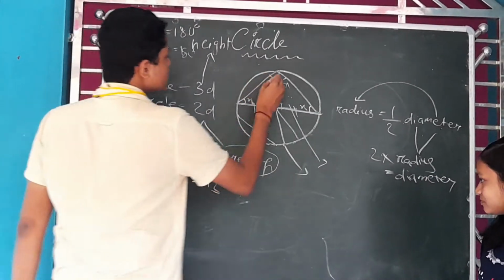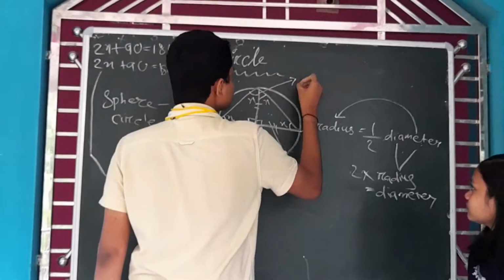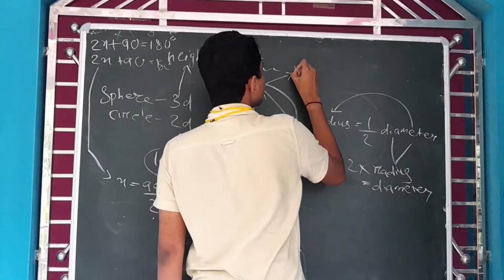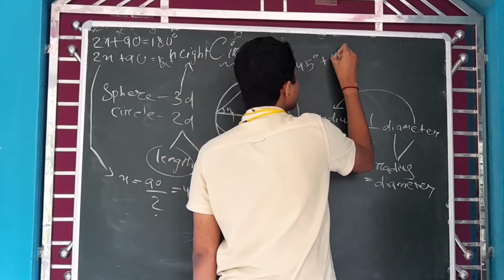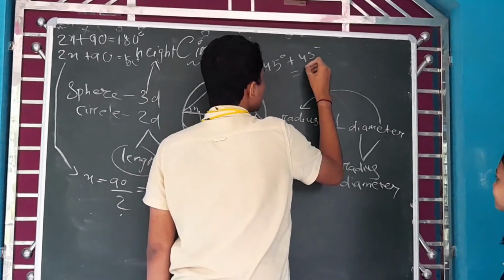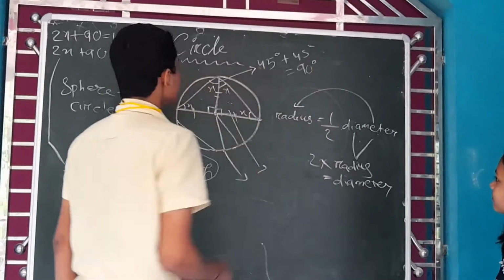So these two angles are x and x, and this proves that 45 degrees plus 45 degrees is equal to 90 degrees. So we can prove that a diameter forms 90 degrees if it touches any point on the circumference of the circle.